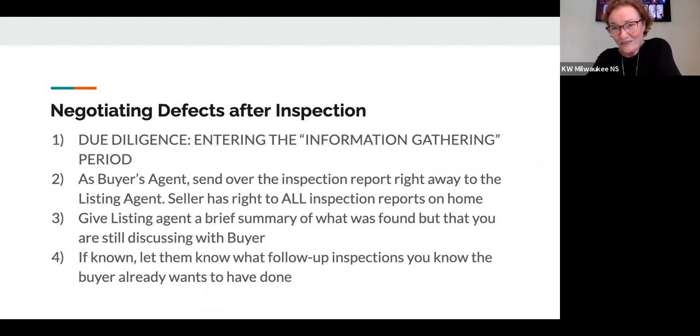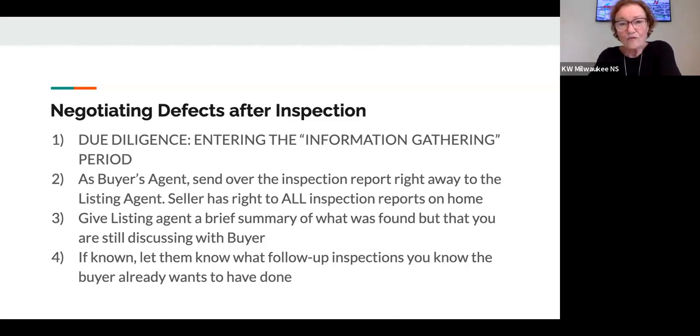Negotiating defects after the inspection. This is a time you sit down with your buyer, being aware of what your buyer is concerned about, health conditions your buyer may have, safety conditions your buyer may have, having children in the house in certain areas.